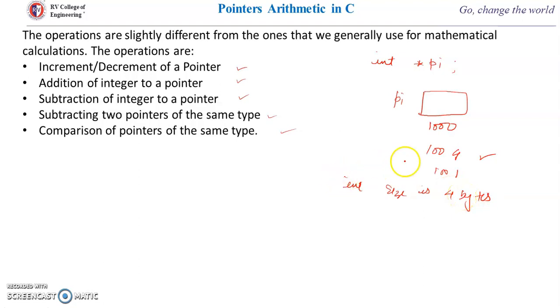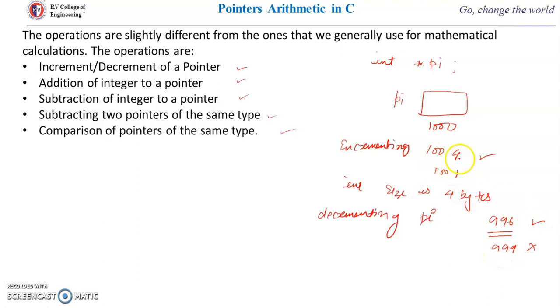Similarly, on decrementing, this was after incrementing. If I want to decrement the pointer variable pi, decrementing pi will give 996 instead of 999. Why?